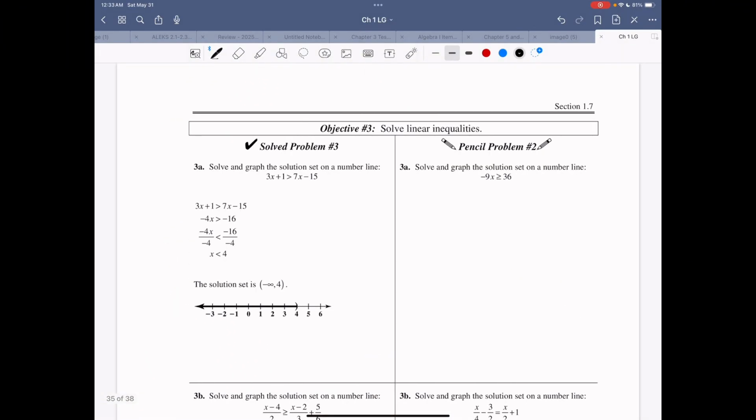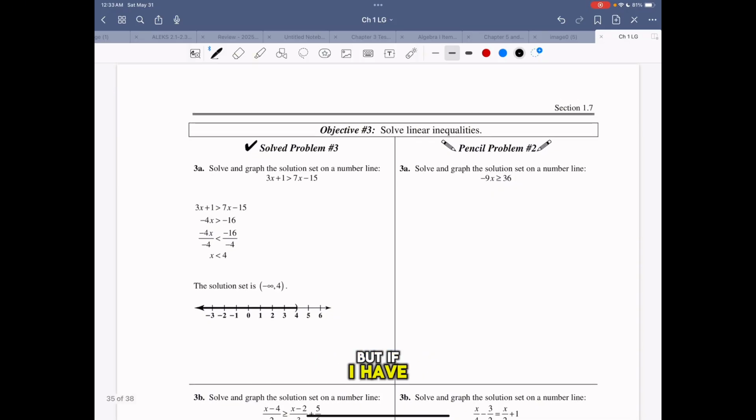Some important things here, if you look at the example, you can work that out. But if I have negative 9x greater than or equal to 36, as you can see here, we start out with greater than, but we end up with less than. So when you multiply or divide by a negative, it flips the inequality. So x is less than or equal to -4.